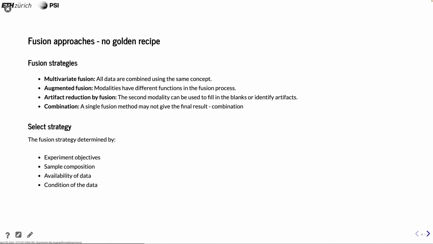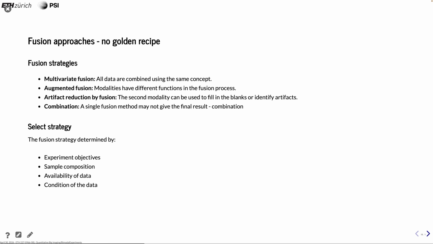Fusion can also be used to reduce artifacts. You can use the second modality to fill in the blanks or identify artifacts. So if one modality has a lot of outliers, we can, with correct choices, tell that these are really outliers and not real information.